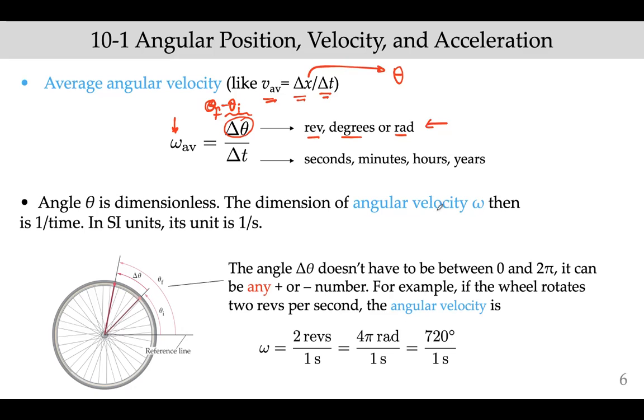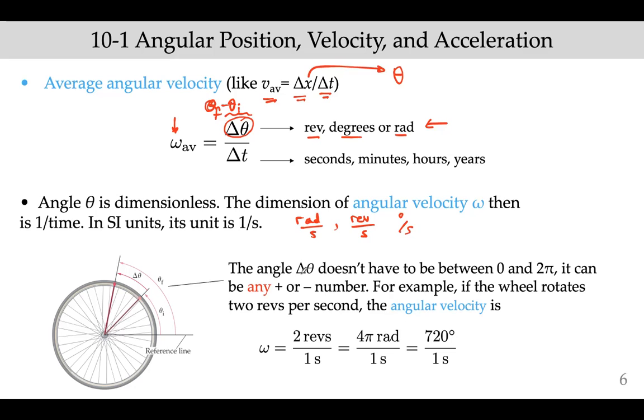So the dimension of angular velocity will be 1/time, because there's time in the denominator. In SI units, its unit will be 1/s. But of course, there will be some angle, so it will be an angle unit: either radians per second, revs per second, or degrees per second.